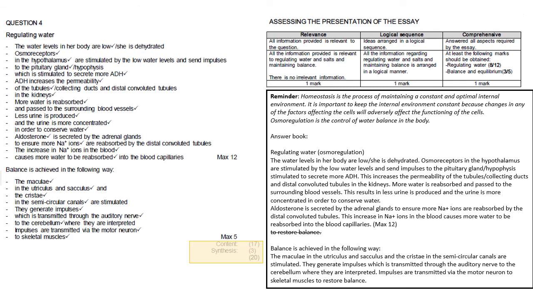This increases the permeability of the tubules, collecting ducts and distal convoluted tubules in the kidneys. More water is reabsorbed and passed into the surrounding blood vessels. This results in less urine produced, and this urine is more concentrated in order to conserve water.